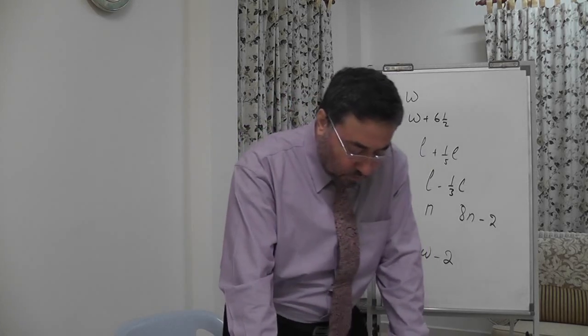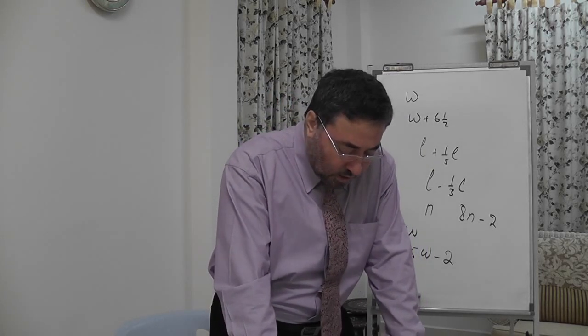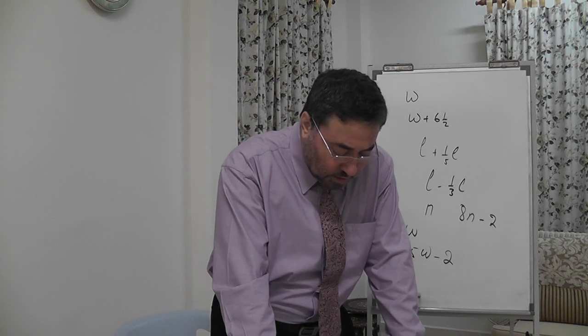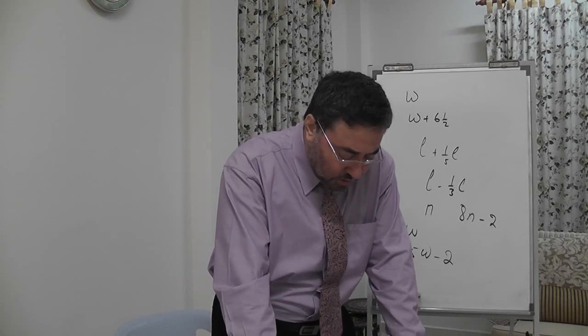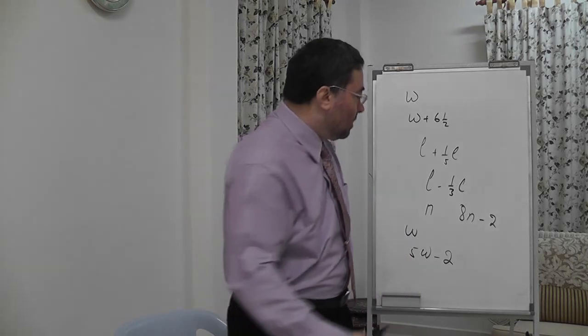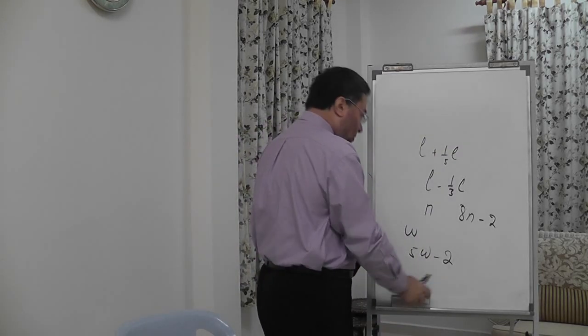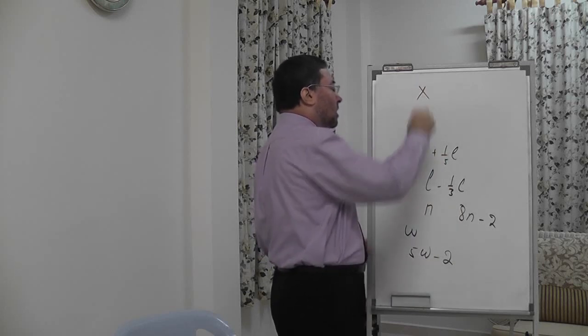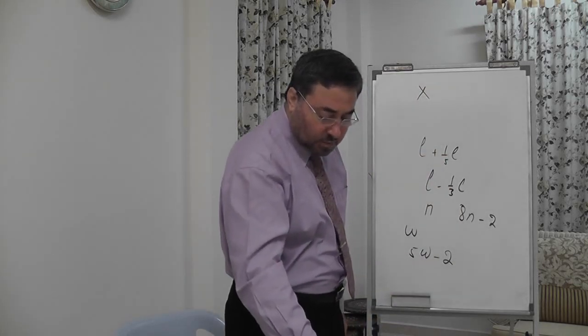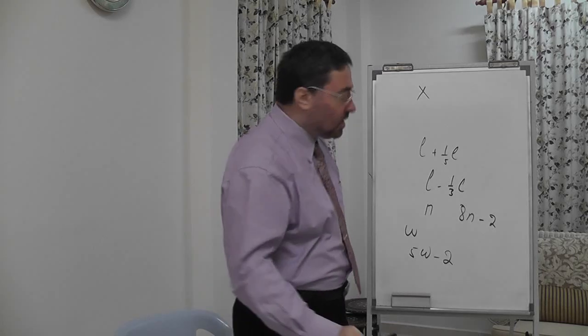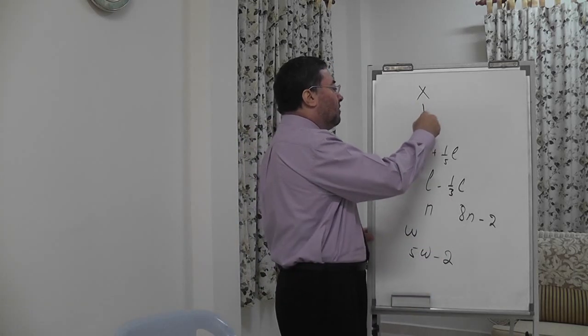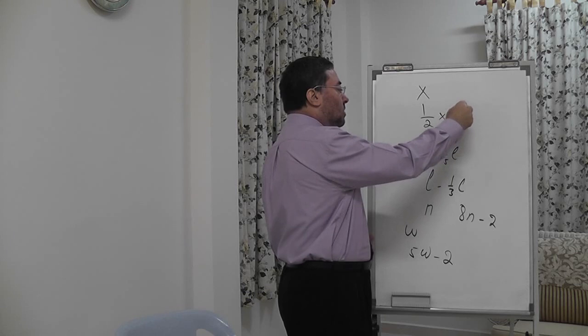Number 14, the length of one piece of wire is 1 centimeter greater than half the length of a second piece of wire. So one piece of wire will be X. The second is half as much, and 1 is added to that number, so it is half X plus 1.